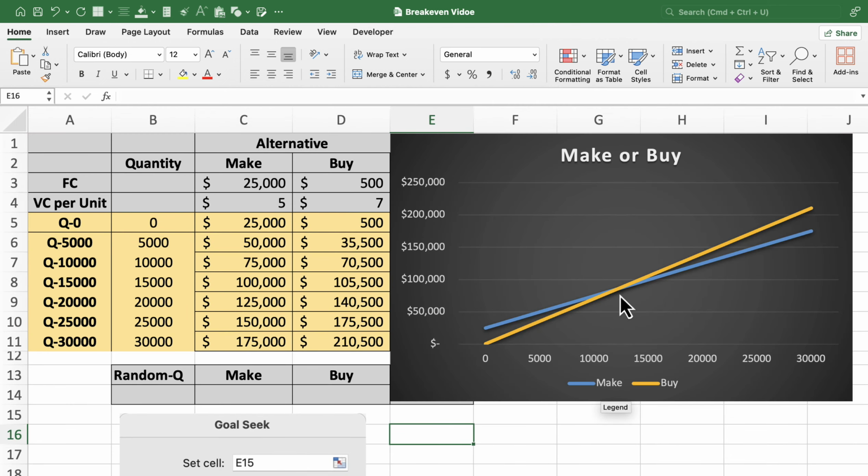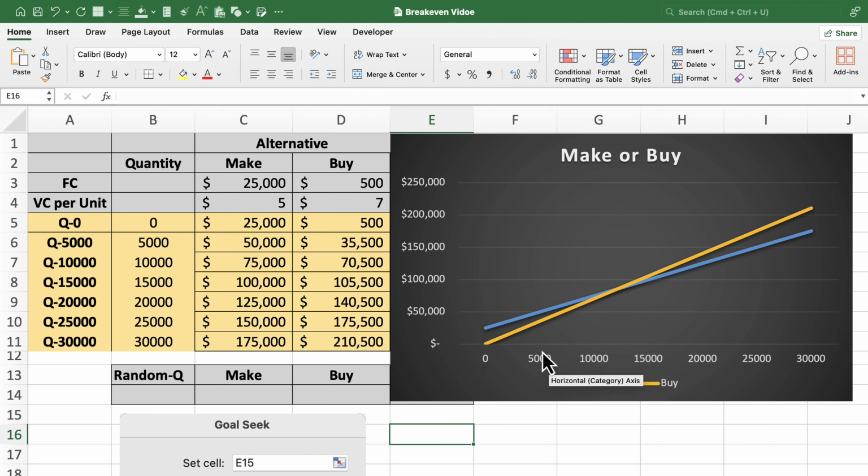For any value that is less than the break-even point, the buy option will be good. The buy option is the yellow line. So for example, as you can see here, if you take 5,000, which means you are producing 5,000 quantity, then this represents total cost, and this is quantity.